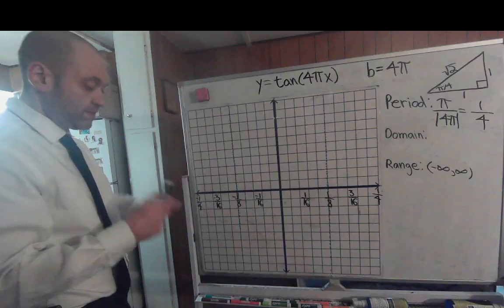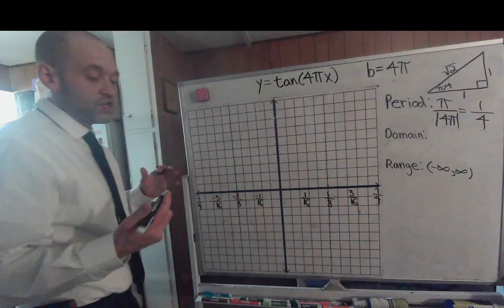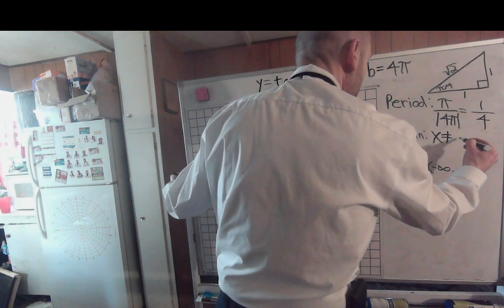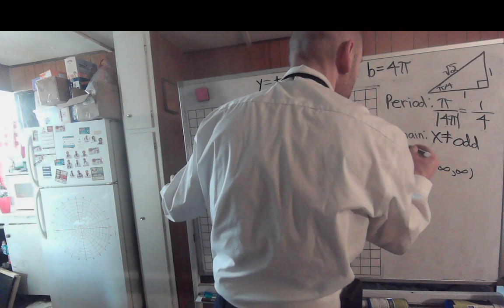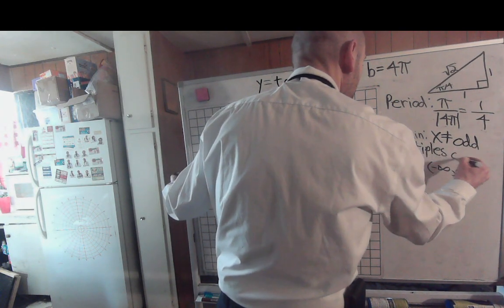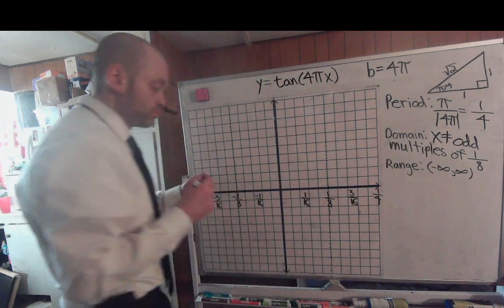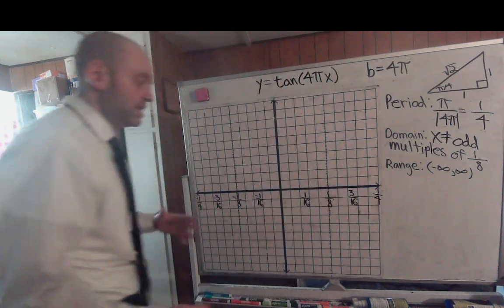Alright, so we have 2 vertical asymptotes. So that means for our domain, it's all real numbers except x cannot equal odd multiples of 1/8. And our range is still negative infinity to infinity.